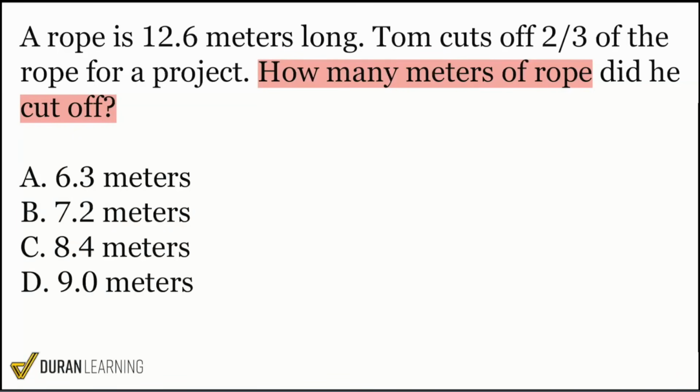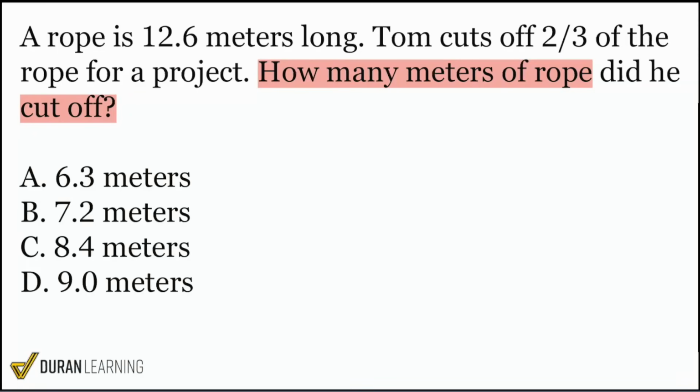Now, everyone, quick question. When we typically think about the phrasing of cutting something off, what operation do we typically think of? Yeah, we typically think of subtraction. Typically when we're cutting something off or removing something, we think about subtraction.